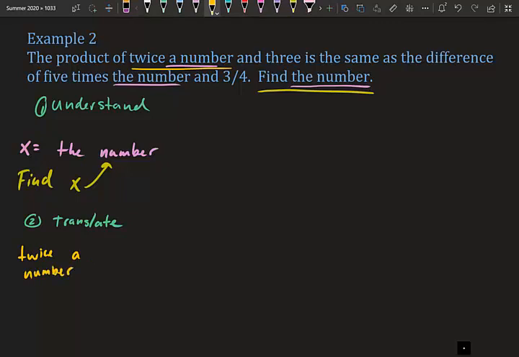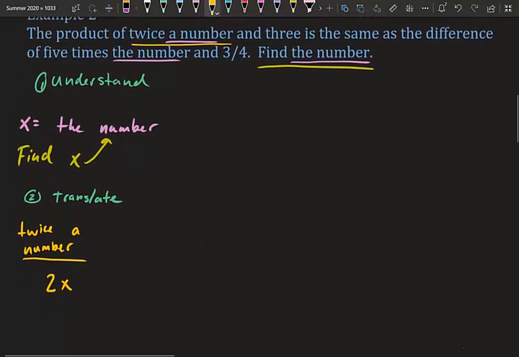So the product of twice a number, that doesn't mean the same thing. So let's just break down twice a number. We know twice a number is 2 times x, so 2x.